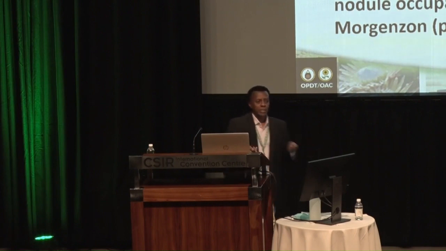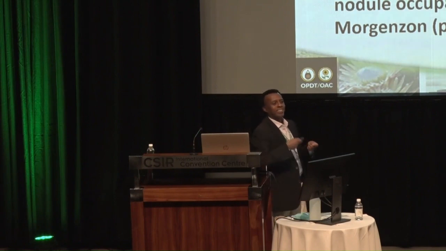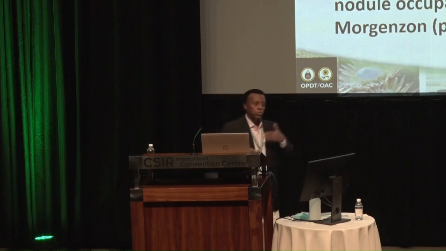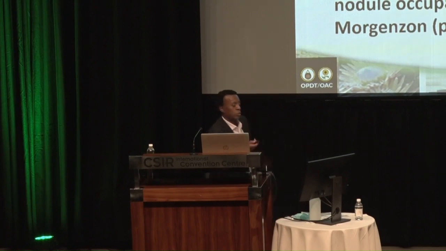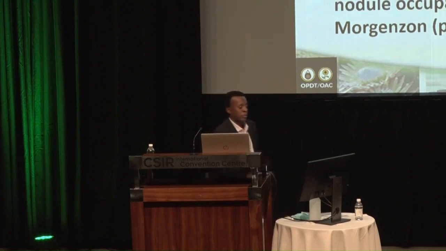So what's going to happen is that there must be competition between WB74 and the strains already established 40 years ago. So there needs to be a study to confirm the efficacy, the nodulation competitiveness and the effectiveness of this.